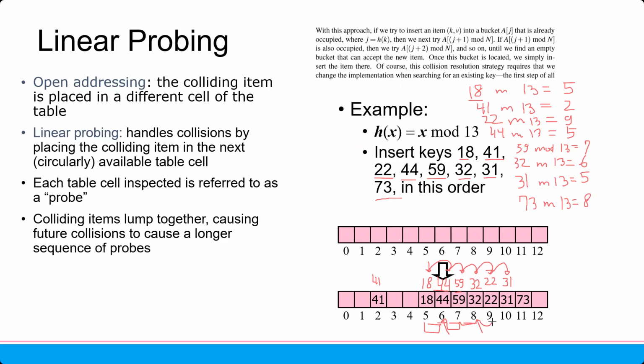Then we go to this one. 9 is not empty. We go here. 9 is not empty. Then we go to 11. And we put 73 here.